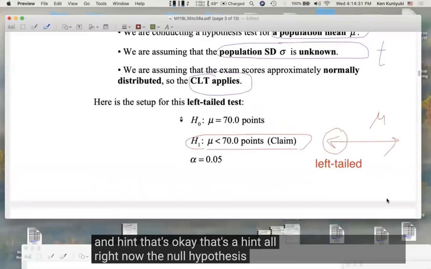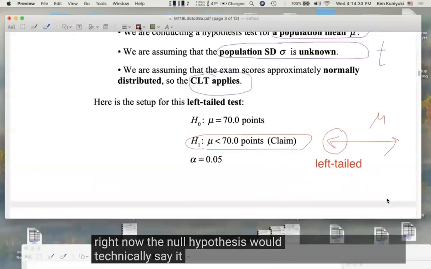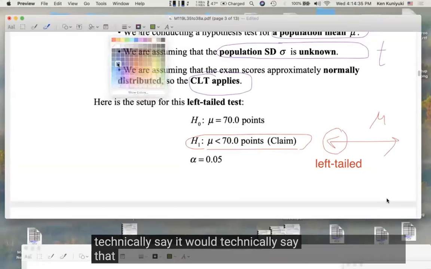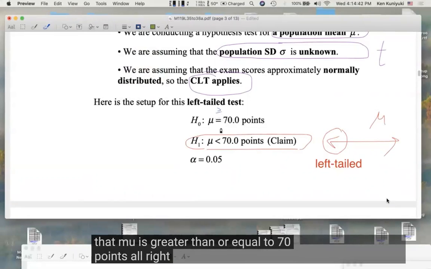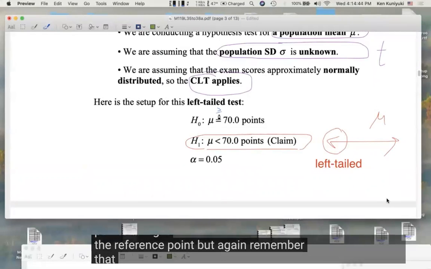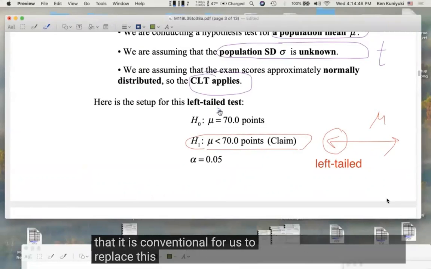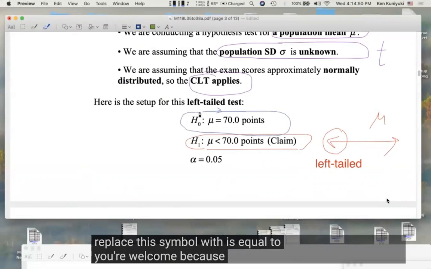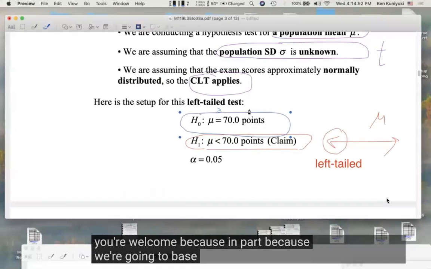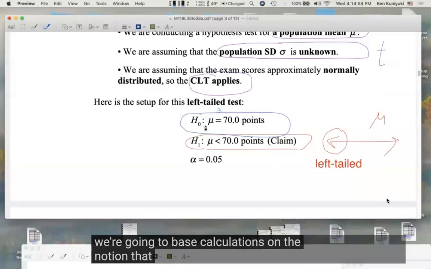Now, the null hypothesis would technically say that mu is greater than or equal to 70 points, the reference point. But again, remember that it is conventional for us to replace this symbol with is equal to, in part because we're going to base calculations on the notion that the null is true.